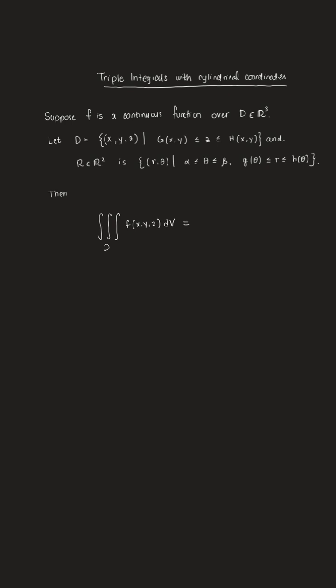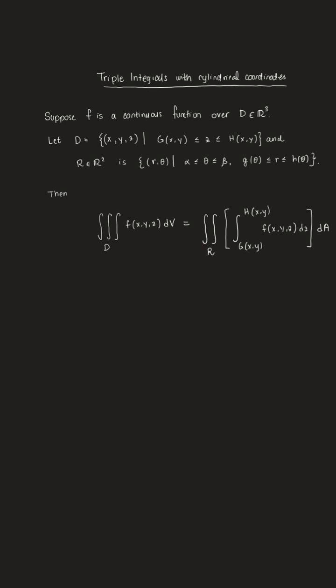Then our triple integral over D of f(x, y, z) dV can be written as a double integral over R, and our third integral so that z is between two surfaces, g of (x, y), h of (x, y), and there's our function f of (x, y, z), dz, and all of this then is times our area element, or area differential, dA.